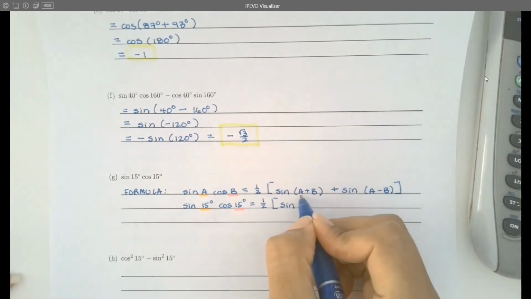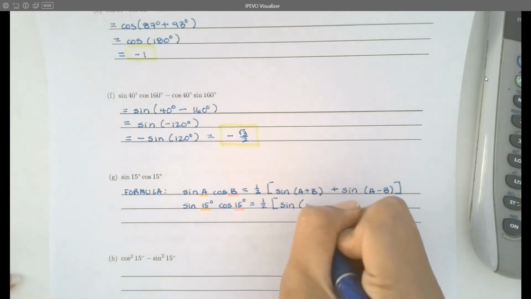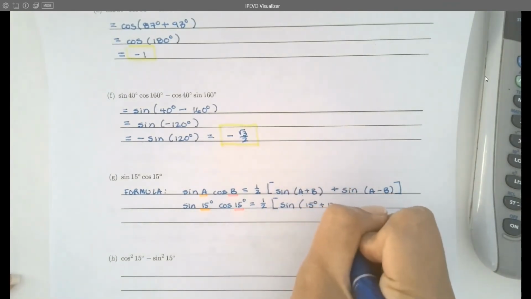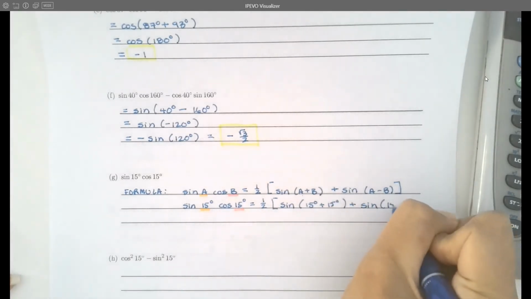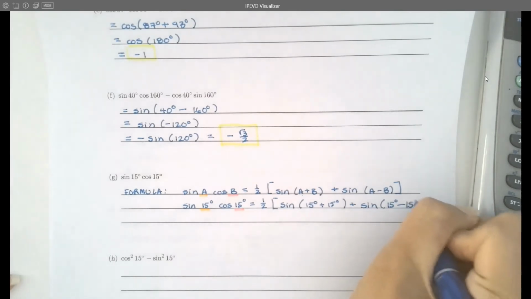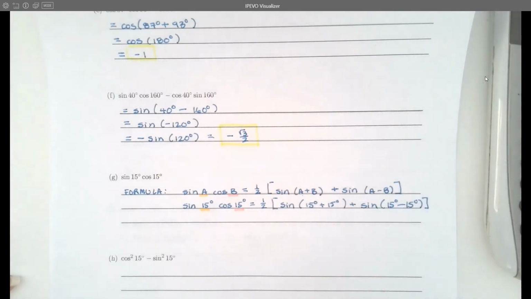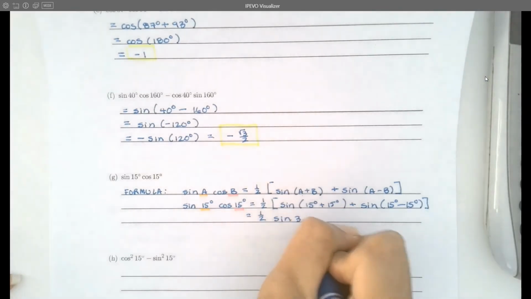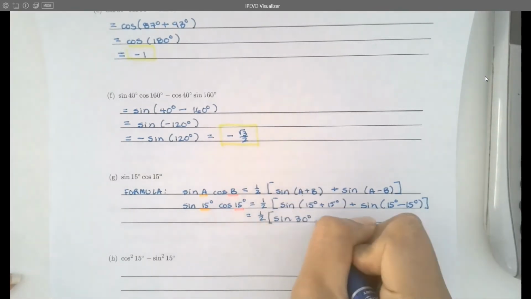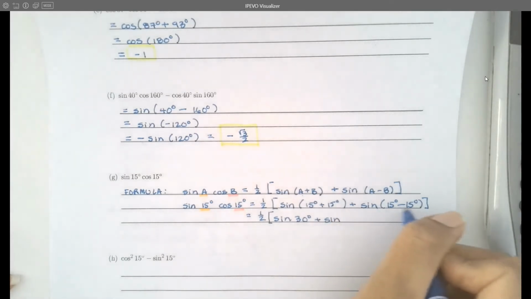So we'll have 1/2 sine of first angle 15, second angle is also 15, plus sine of first angle 15, second angle is also 15, and that's a minus. We get 1/2 sine of 30 degrees plus sine of 0 degrees.